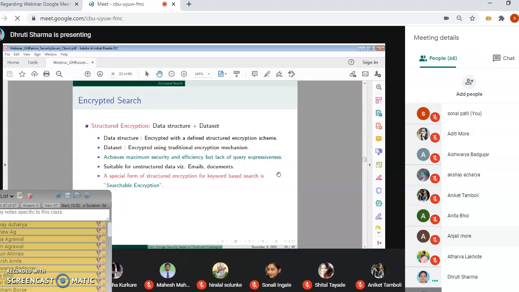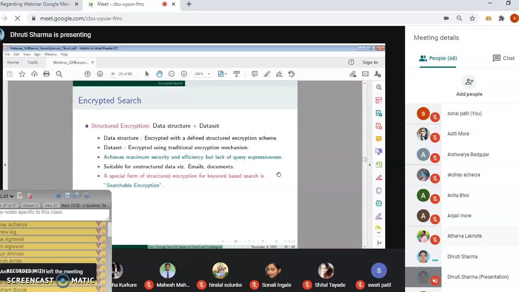What I call, select star from my table one, where name equal to this and student roll number equal to this, or student roll number equal to this. Okay, so AND, OR, both I want, so that is known as query expressiveness. Some of the initial structured encryption mechanisms offer only exact search, meaning they do not offer such kind of AND or OR relation.